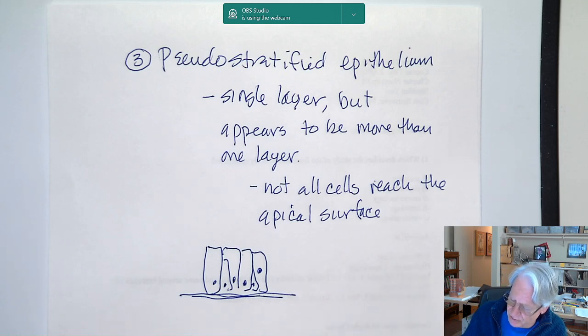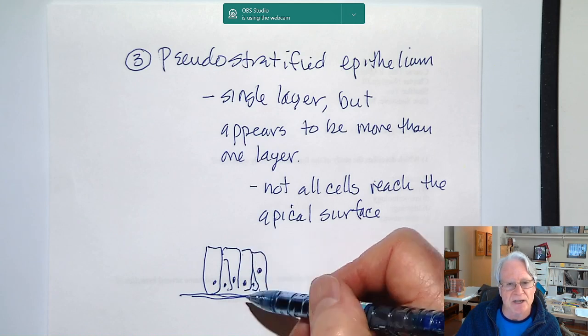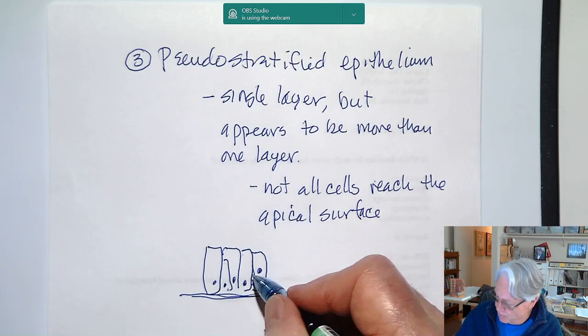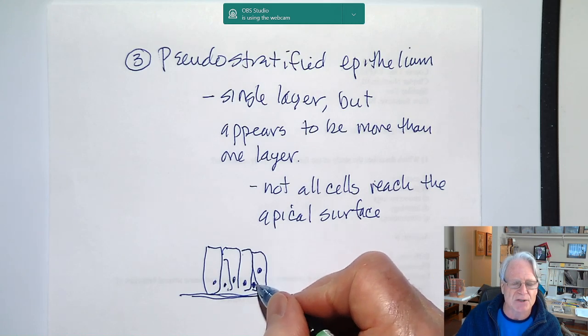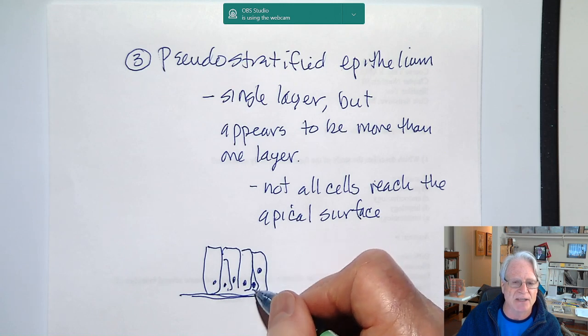And when you're looking through the microscope, you might mistake this for stratified, because that little technique that I talked about in counting the number of nuclei, this would appear to be multiple layers of nuclei. That would only be because this cell, which is shorter than this cell, its nuclei is further down, this one is a little bit higher up, and it creates this stacked appearance.